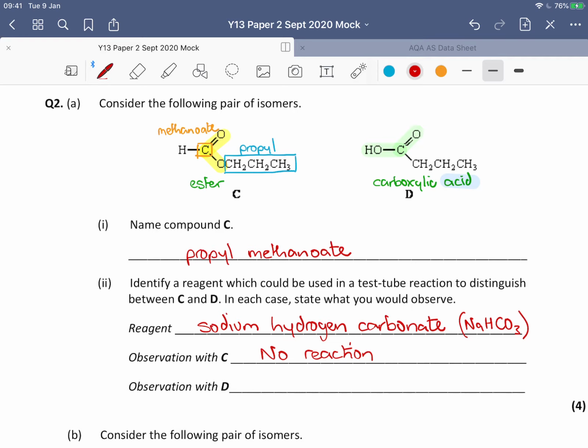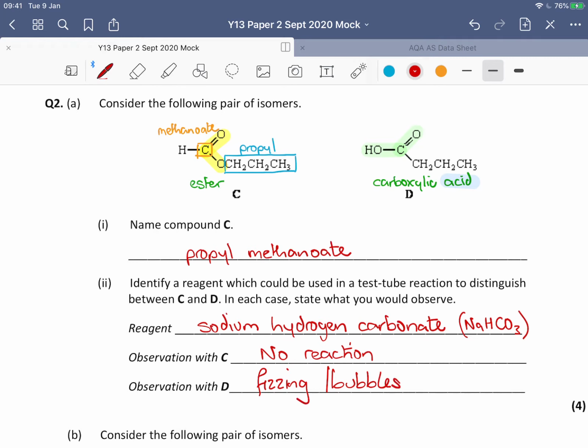is, well, you've got a sodium hydrogen carbonate with an acid. So one of the products that you get when you do a carbonate or hydrogen carbonate with an acid is carbon dioxide. So you'll see fizzing, bubbles.